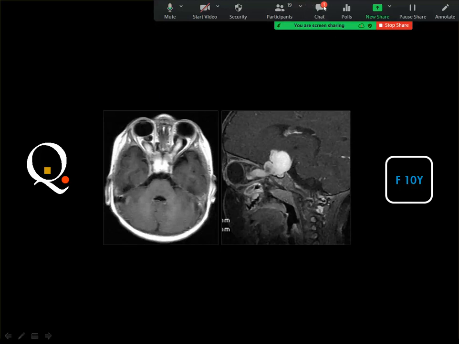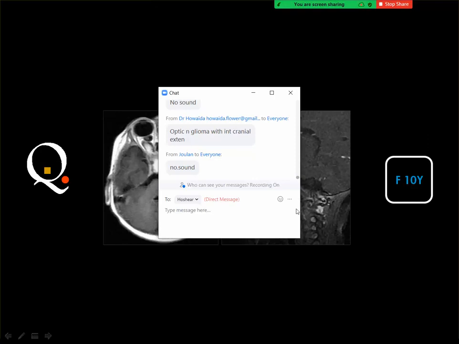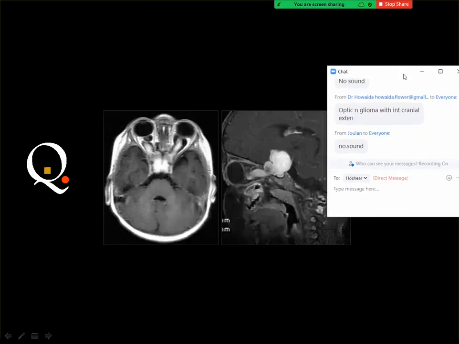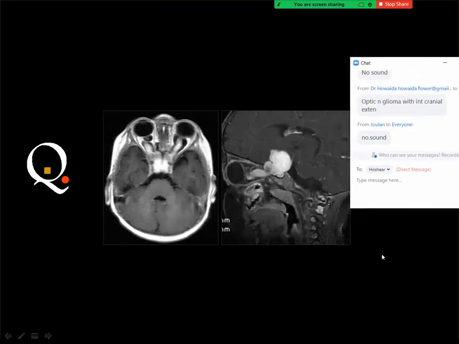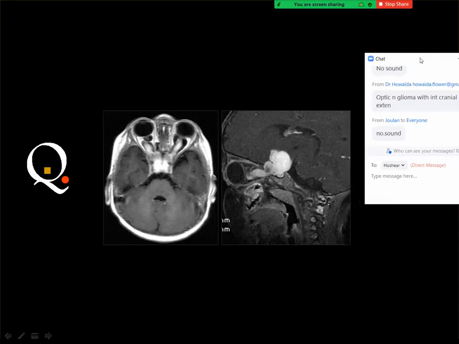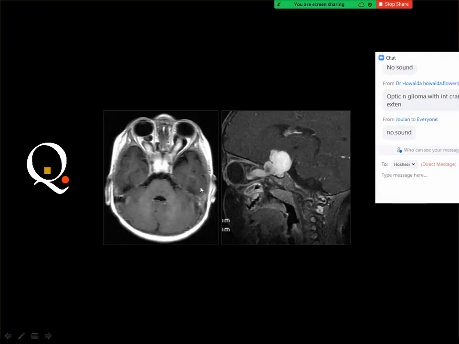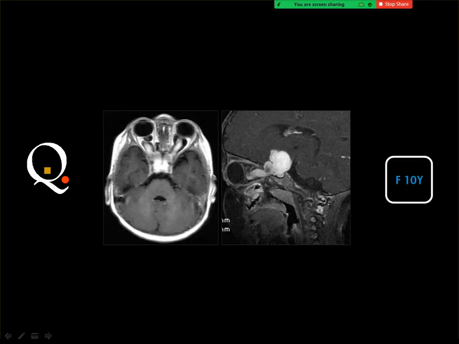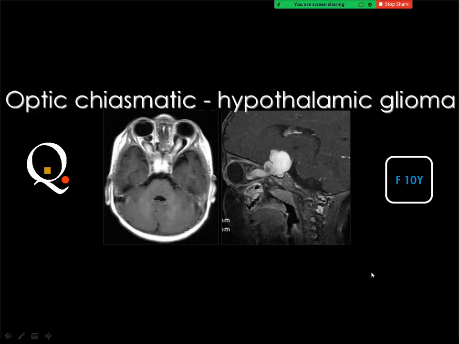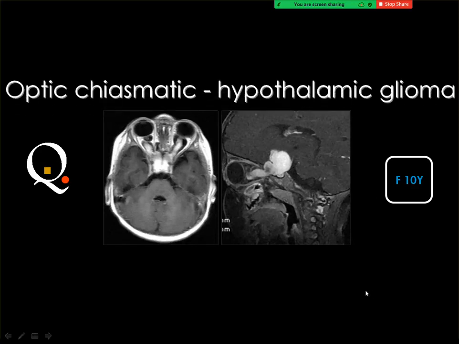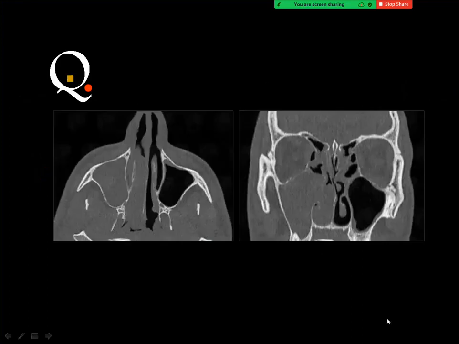Then the diagnosis is easy as the case before, and it represents neurofibromatosis type 1 because of the bilateral optic nerve involvement and also chiasmatic involvement. Okay, and this is optic and the chiasmatic and also hypothalamic glioma.